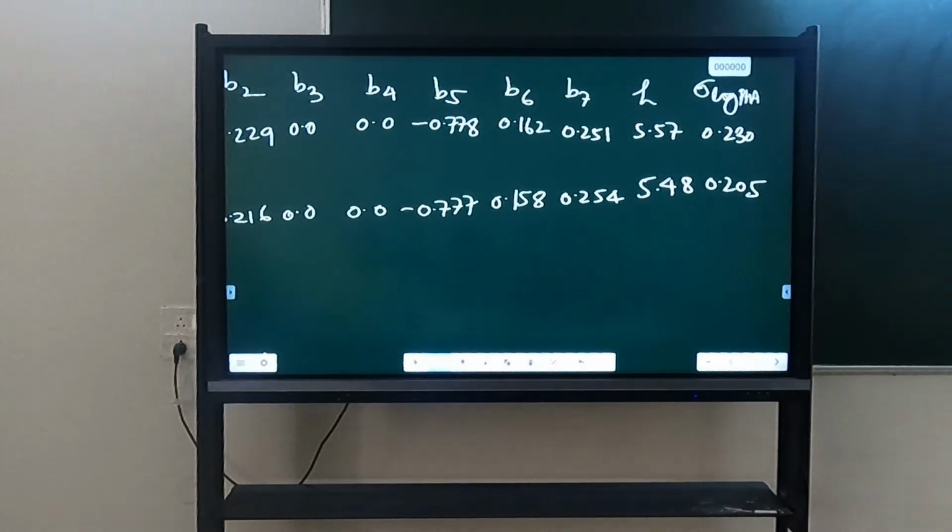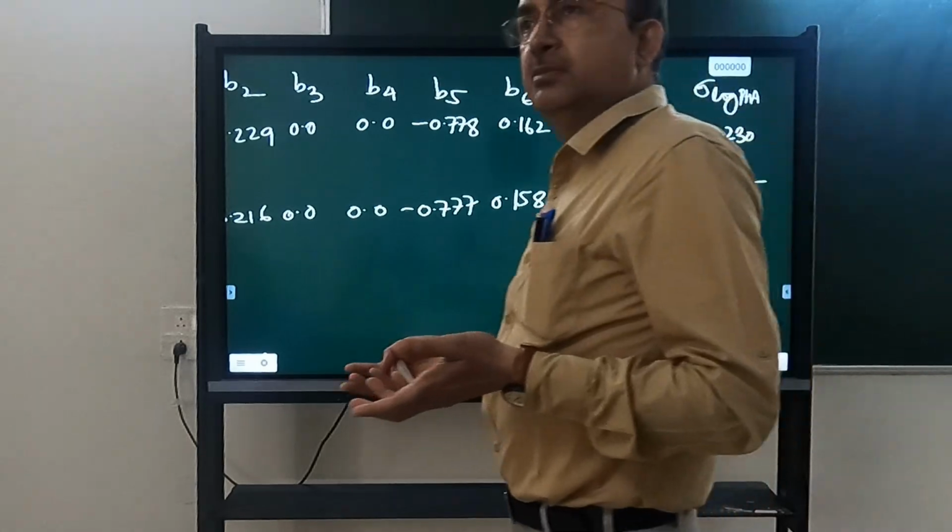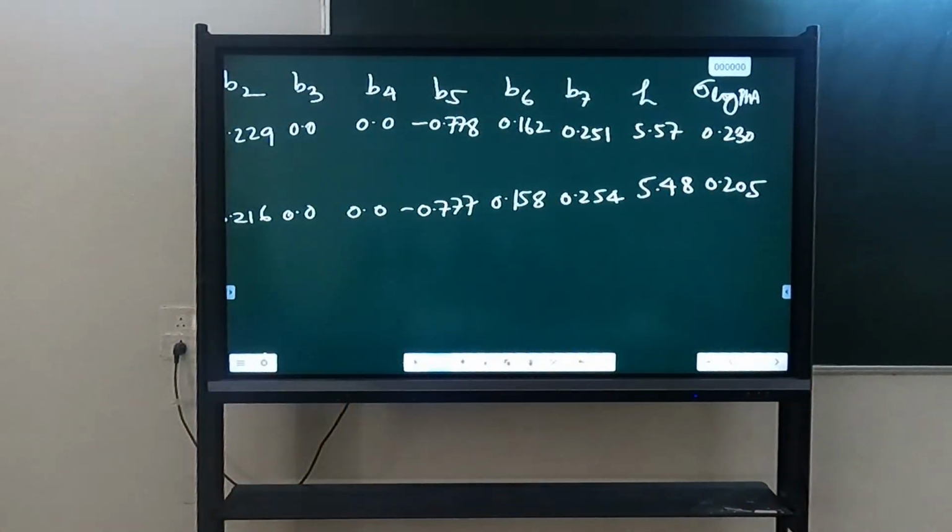You need a spectral shape. That spectral shape you have to multiply by the PGA. What is given in the code, SA by G versus T, is nothing but the spectral shape. You take that SA by G in the code, multiply it by PGA, that will give you the response.